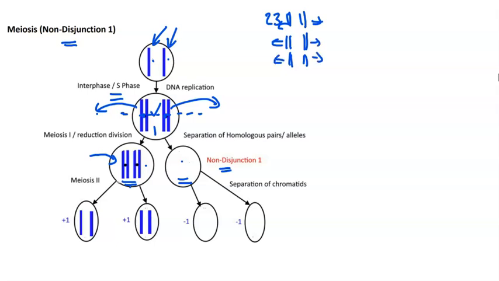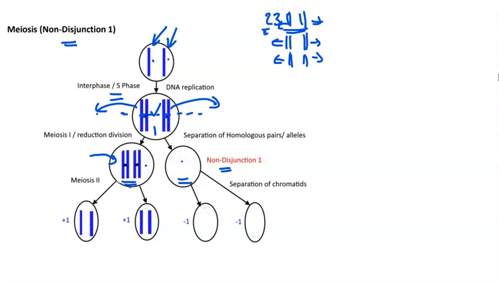And we would have to go through this for 23 pairs. So here we're only dealing with one of those to illustrate our diagram. But remember, in human beings anyway, there are 22 other pairs operating in the background normally.